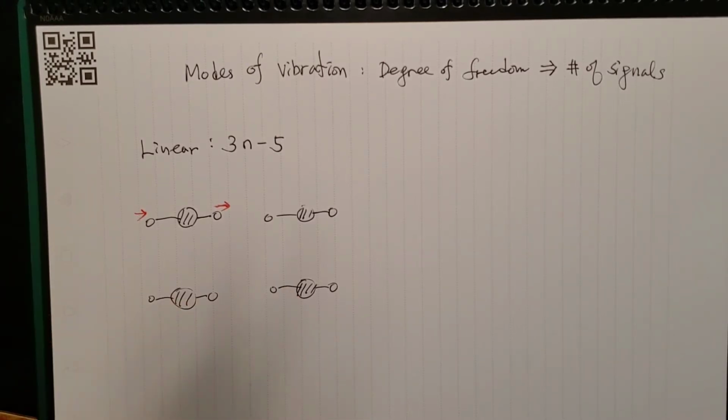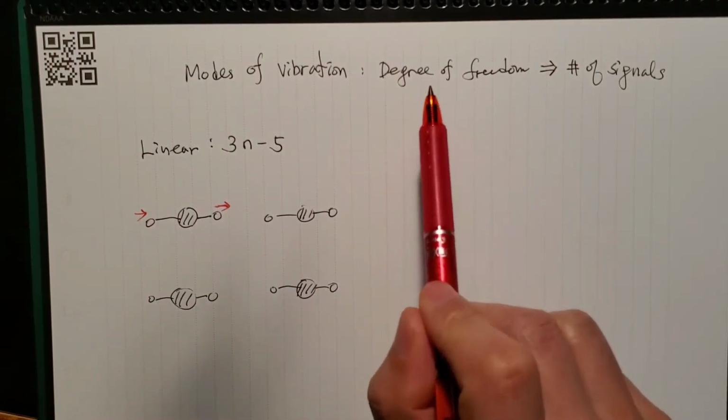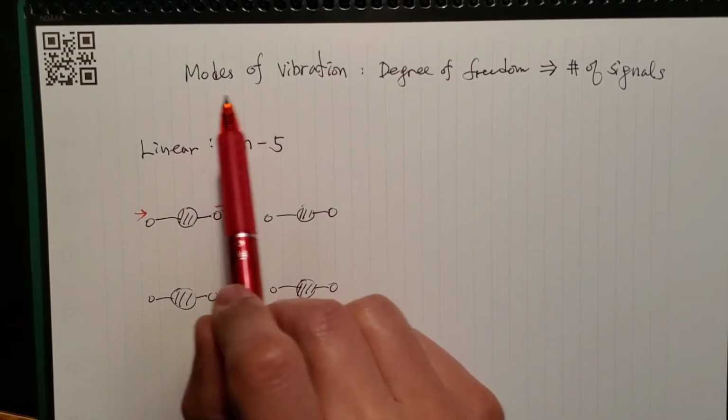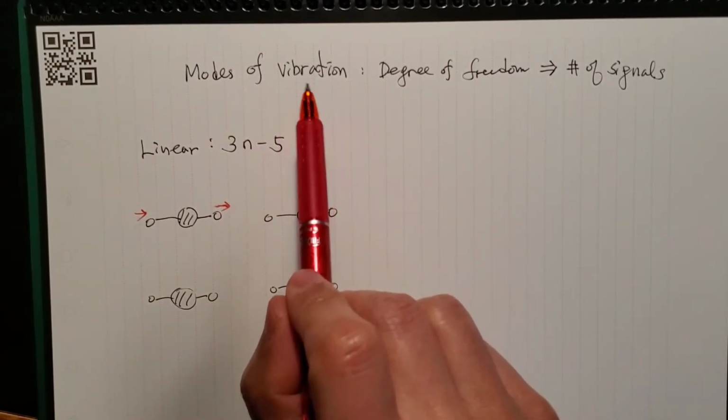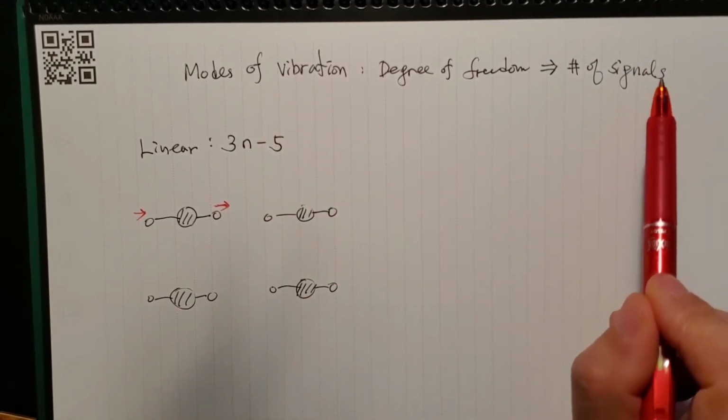In this exercise, you are basically considering the degrees of freedom. Each degree of freedom corresponds to one mode of vibration, and that equals the number of signals you expect on IR.